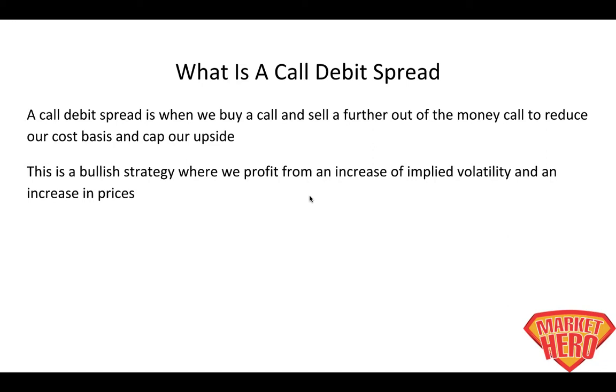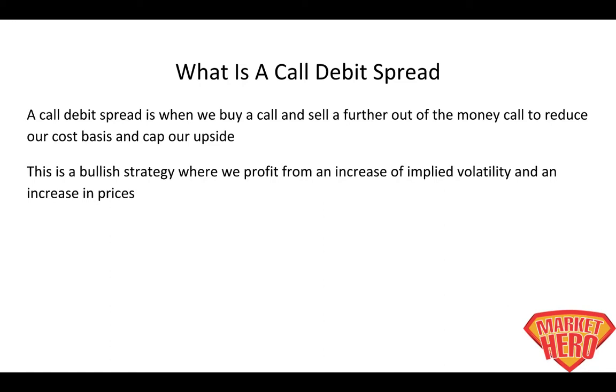Now, just wanting an increase in prices for this strategy is totally fine. However, it's rare to see an increase in prices come with an increase in implied volatility for equities, right? That typically happens in things like FX or commodities. Gold is an excellent example of an asset where prices go up with implied volatility going up. So again, this strategy will work because it's a bullish strategy in a bull market.